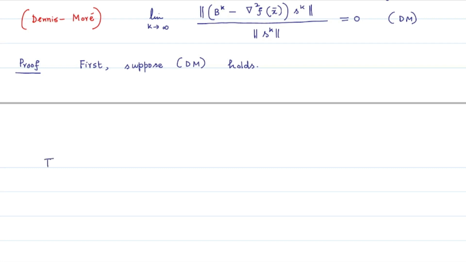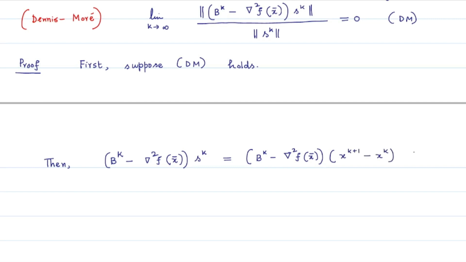We see that in the numerator of the Dennis-Moré condition we have (B_k minus the Hessian at x bar) times the expression of s_k, that is x_{k+1} minus x_k.